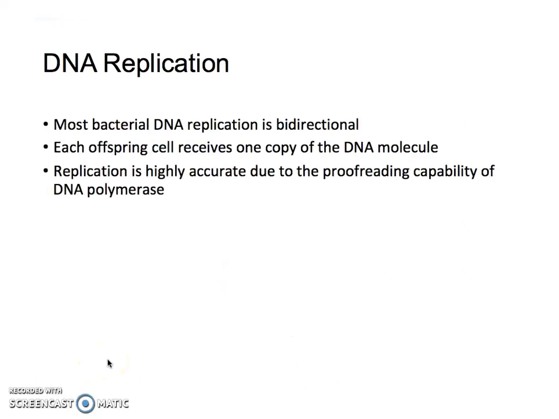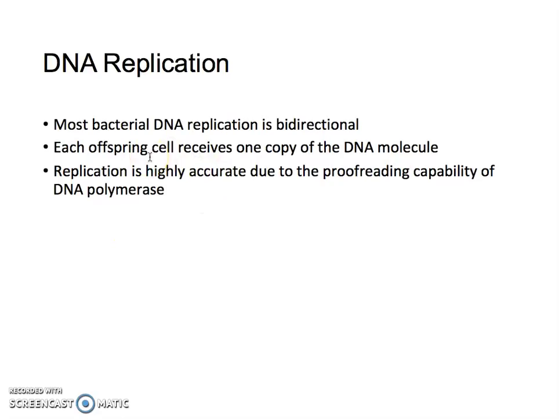Most bacterial replication is bidirectional, which means it's occurring simultaneously, going in opposite directions of the circle, because again, bacterial genomes are circular. Each offspring receives one copy of the DNA, and the replication is highly accurate due to the proofreading capability of DNA polymerase, which I mentioned previously.